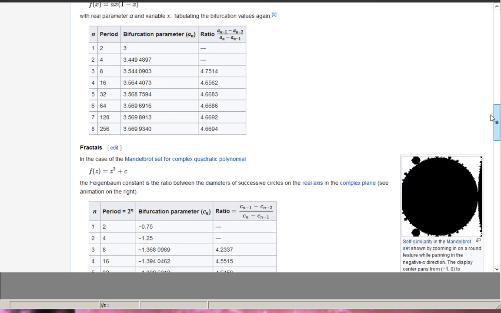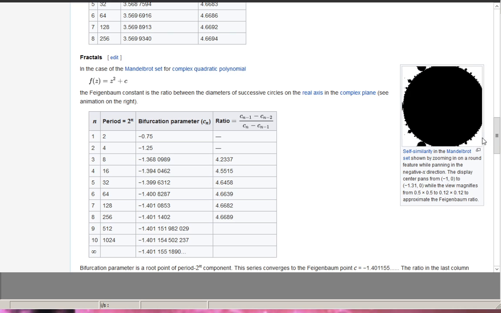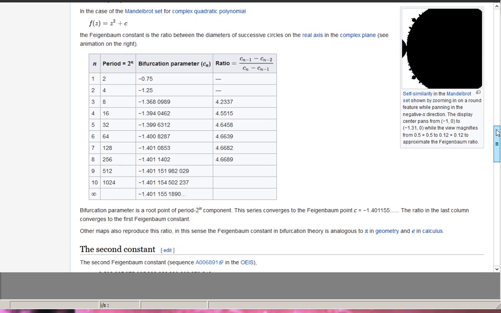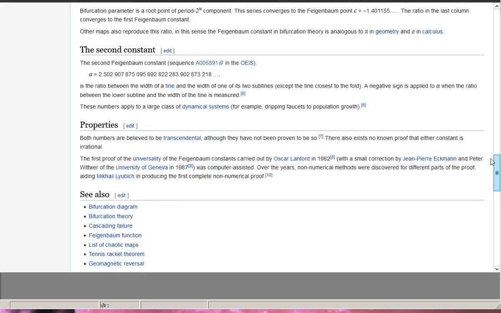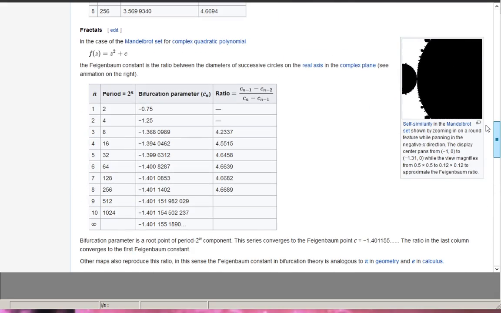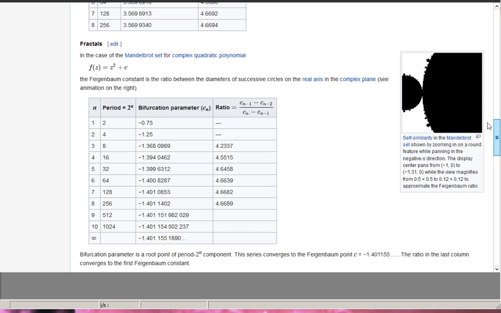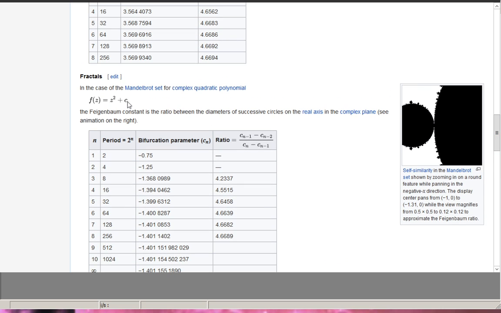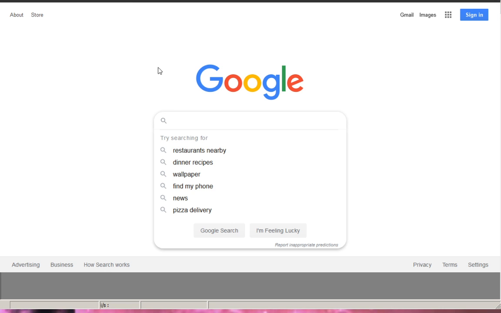Z equals Z squared plus C. And that's your complex number. So if we related that to a sine wave, that complex number, and say that complex number is... I got that written down.